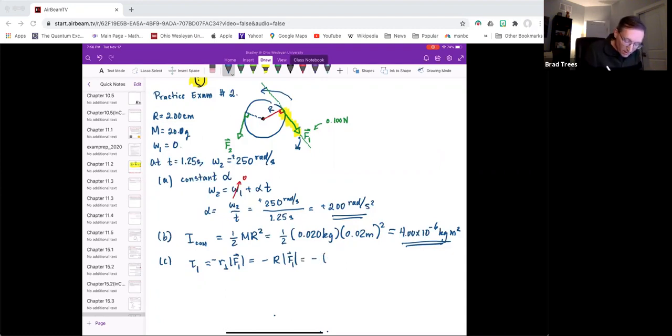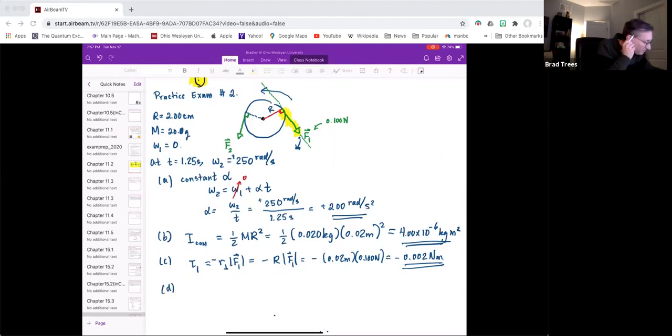So minus big R, 0.02 meters, and the F1 is 0.1 newtons. So I get minus 0.002 newton meter. And we have found the torque on the disk due to force F1. And we've done part C.